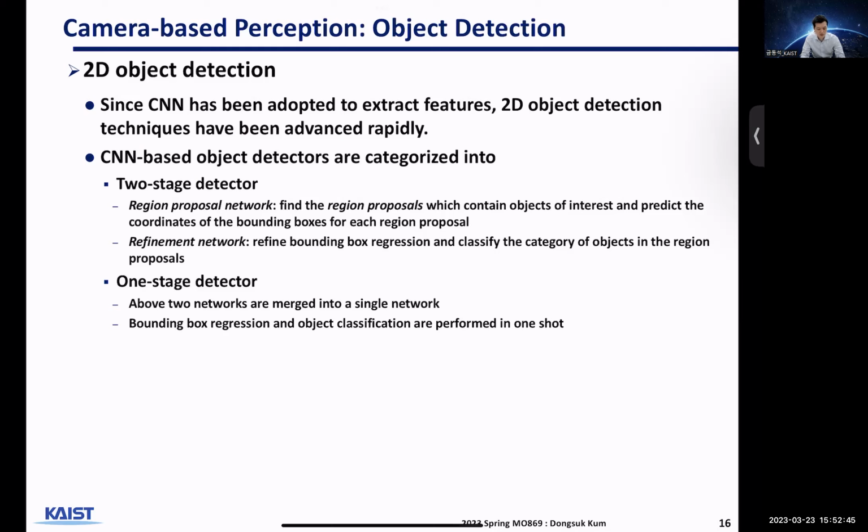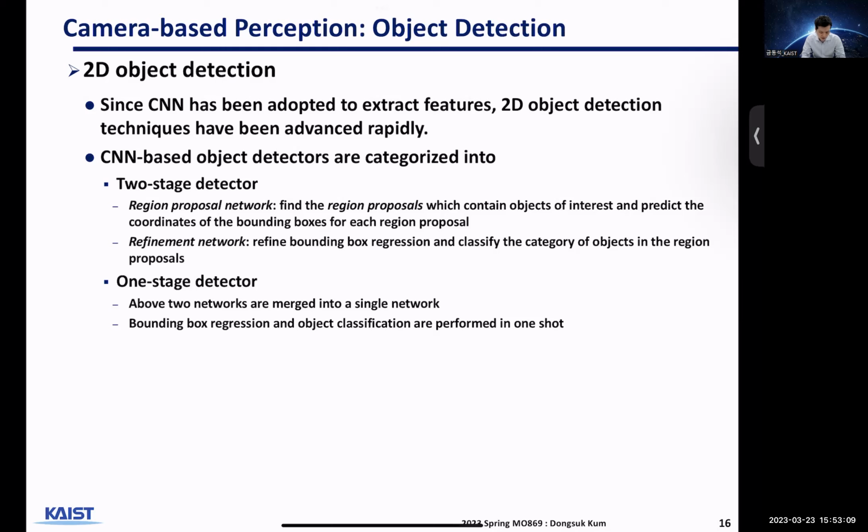After AlexNet, which was mostly a classification task, it expanded towards many other tasks, including 2D object detection. So it's less than 10 years of using deep learning. Before that, it was mostly conventional, traditional approaches.